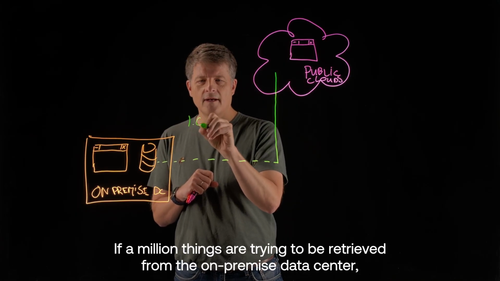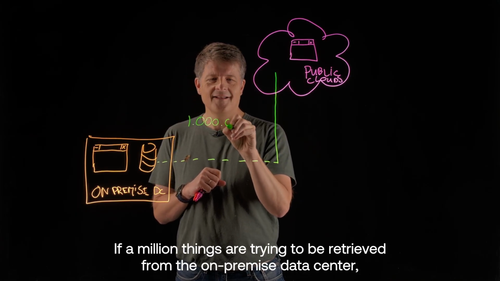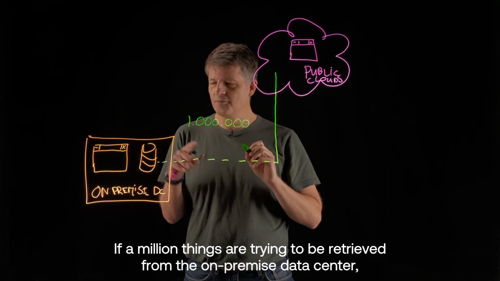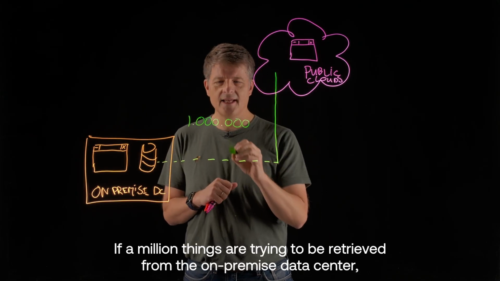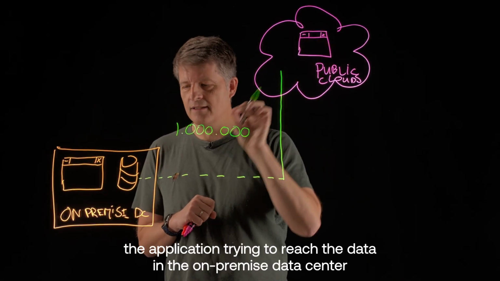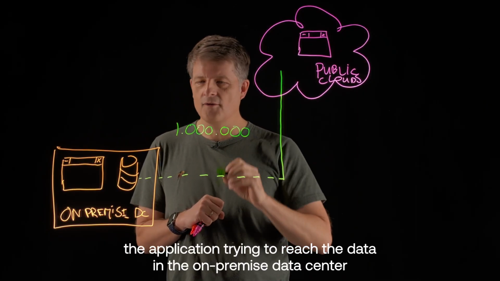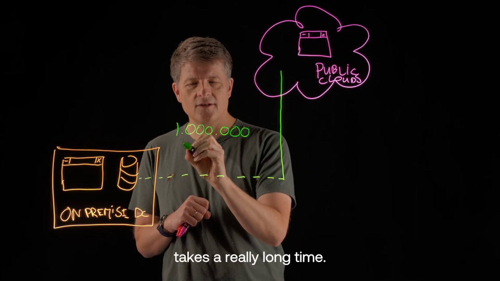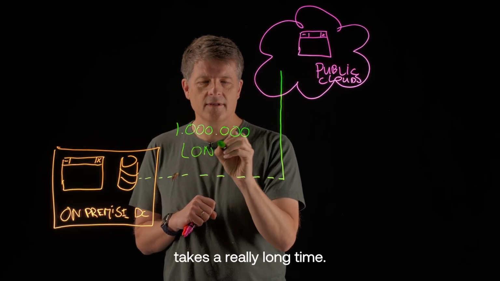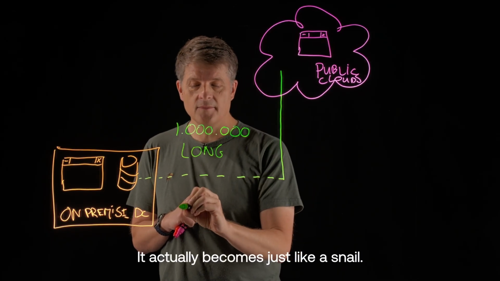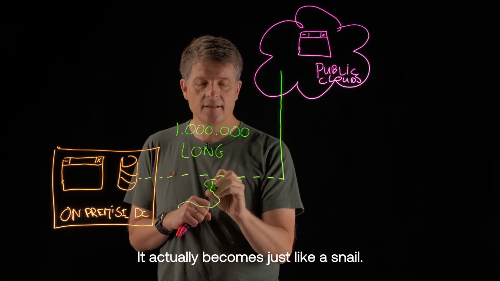If a million things are trying to be retrieved from the on-premise data center, the application trying to reach the data in the on-premise data center takes a really long time. It actually becomes just like a snail.